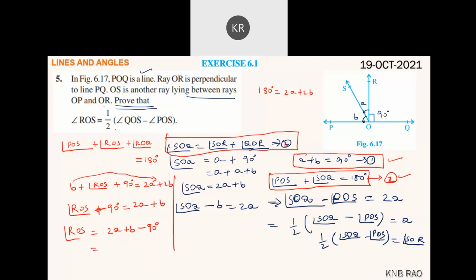We need to bring SOQ. Angle SOQ is 90 plus A.